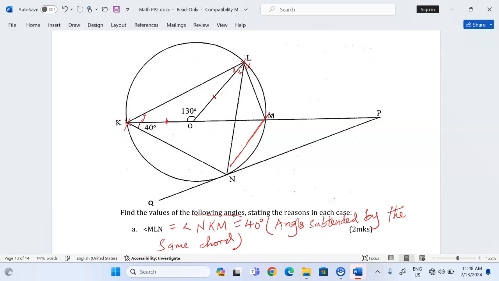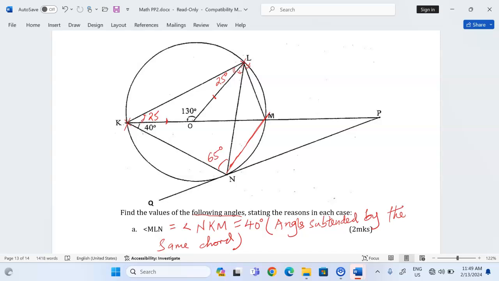It means in the triangle KOL, there is a 50 degrees, which should be shared such that we get a 25 here and also a 25 at this point. And again, we should also know that with 130 degrees at the center, and there is an angle at the circumference of the same circle, then that angle should be half of 130, and that is 65 degrees. So we have 65 degrees at that point.